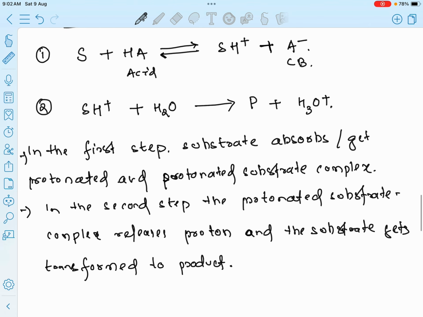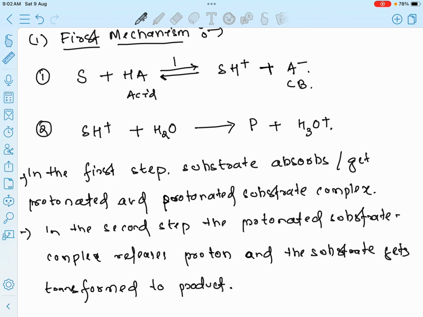This is the second step. If the rate constant for the first step is K1, the backward reaction is K minus 1, and the second step rate constant is K2.